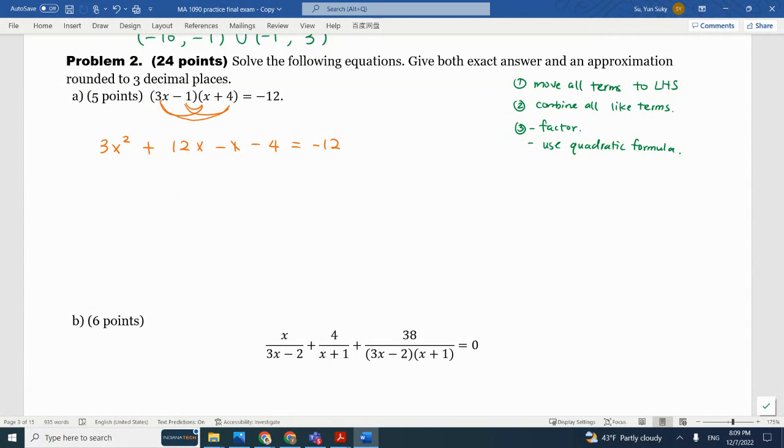So we expand it, multiply out, and then combine the like terms. 3x squared, 12x minus x is 11x.